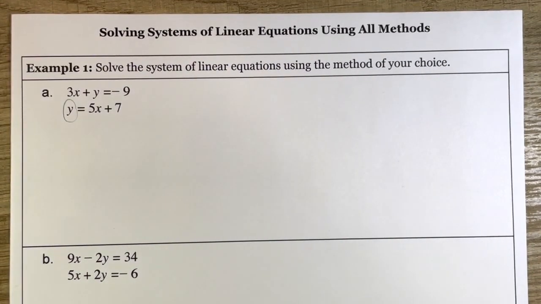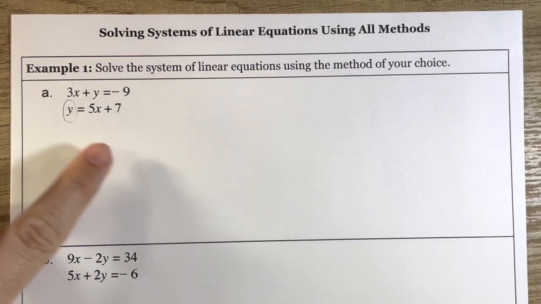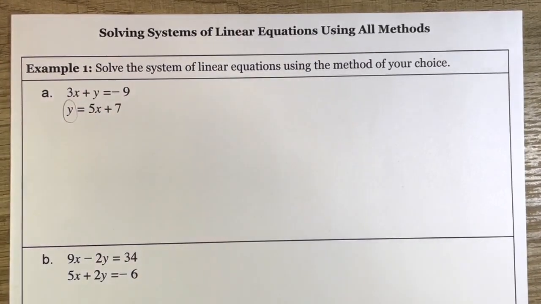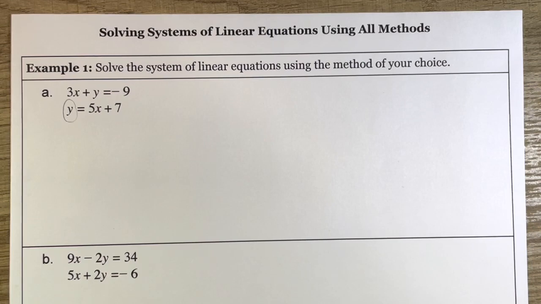If I want to use elimination, I'm looking more for variables that have matching coefficients and equations that are more lined up. And you can see this equation isn't lined up very well. The different variables are lined up together. It's kind of mixed. The equal signs aren't in the same spot. So this wouldn't be a great one to use elimination on, but we can use substitution on it.